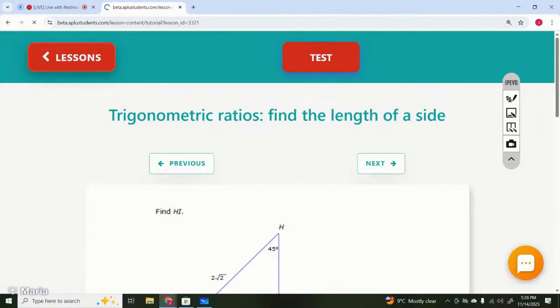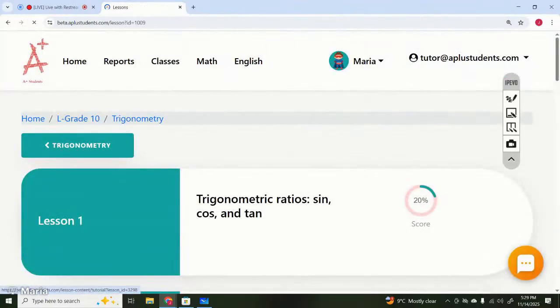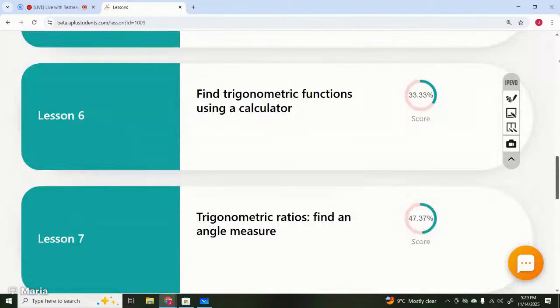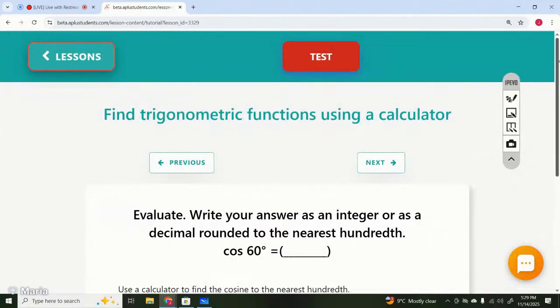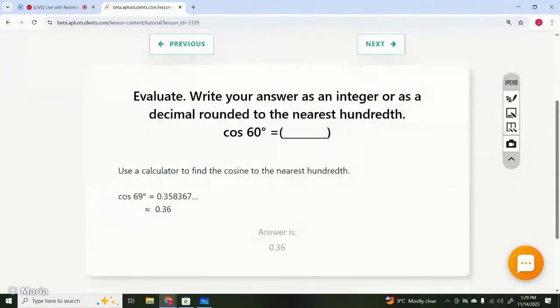The next lesson is using a calculator. Evaluate, write your answer as an integer or as a decimal rounded to the nearest hundredth. So cos 60. So you simply have to use the calculator. You have a cos button on the calculator and the numbers also.